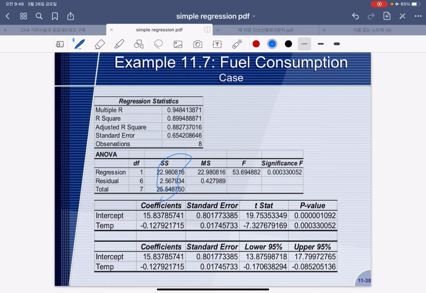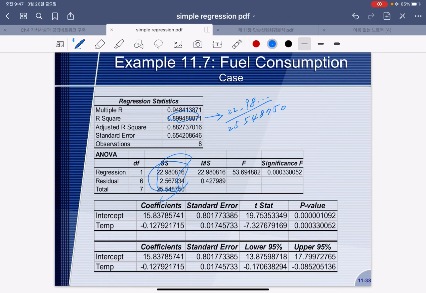For example, 0.89 comes from 22.98 divided by 25.548750. So this one comes from these numbers.